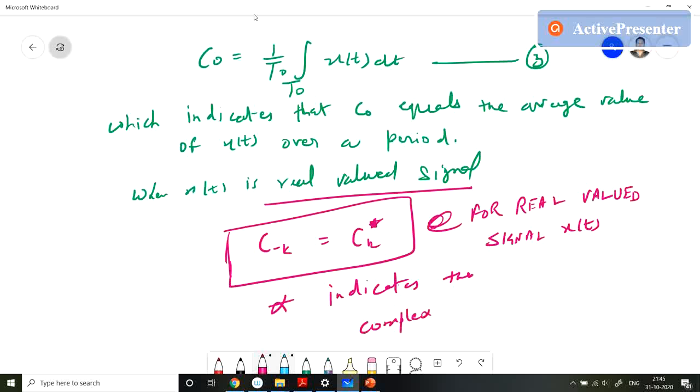The star indicates the complex conjugate.